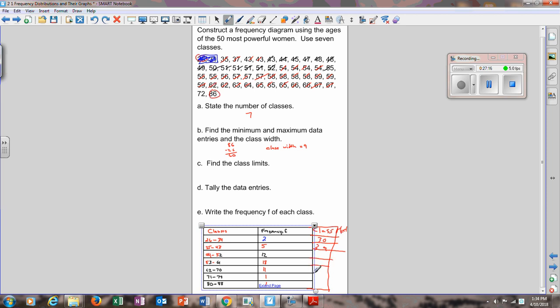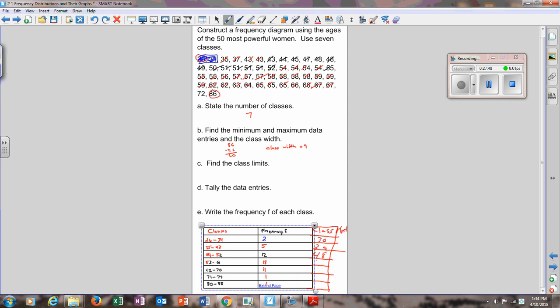Now, they're very rigid in their rules, right, for how you construct this. But instead of doing 44 plus 52 divided by 2 the whole way down, once you find that first class mark, it's the same way that it was here. If you added 9 to it to get from here to here, you can do the same thing with your midpoints. And so we just add 9. It'll be 48.